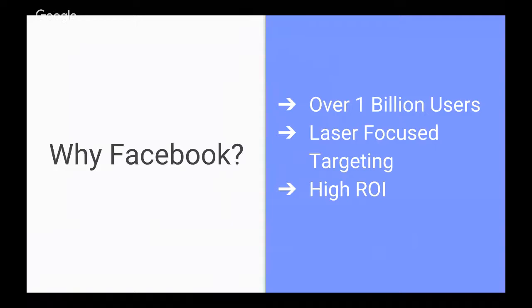We can do crazy things when it comes to targeting prospective leads, clients, and buyers. It also has a pretty high return on investment. Like I mentioned before, we can spend the same amount or less than we do on Zillow and get more leads. It's not crazy.